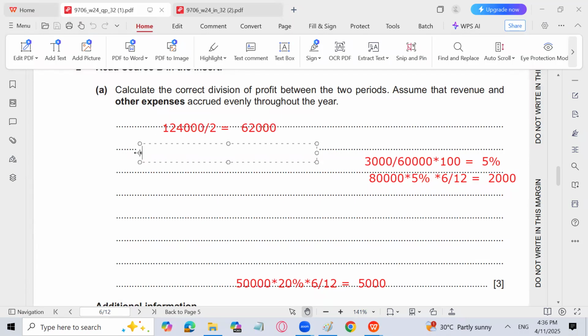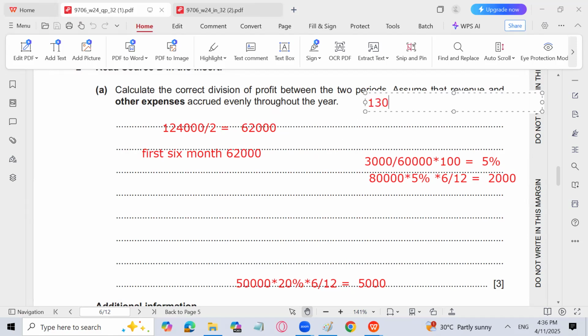Now, for the first 6 months, profit is 62,000, and we have subtracted the 18,000 of expense, which is 13,000 bad debts plus 5,000 depreciation, which has been incorrectly treated, becoming 18,000. As the profit accrues evenly during the year, we have subtracted the same amount every month. So 18,000 divided by 12 is 1,500, and 1,500 into 6 is 9,000.